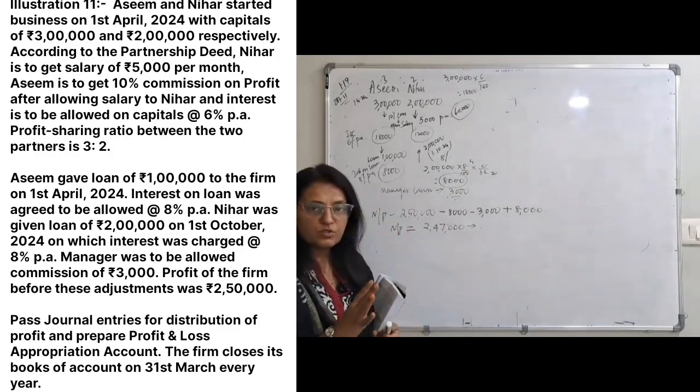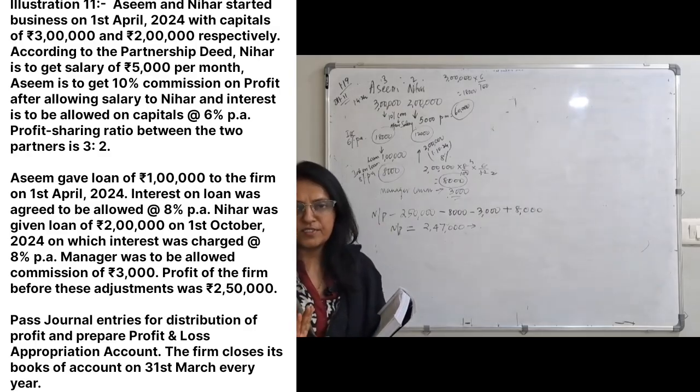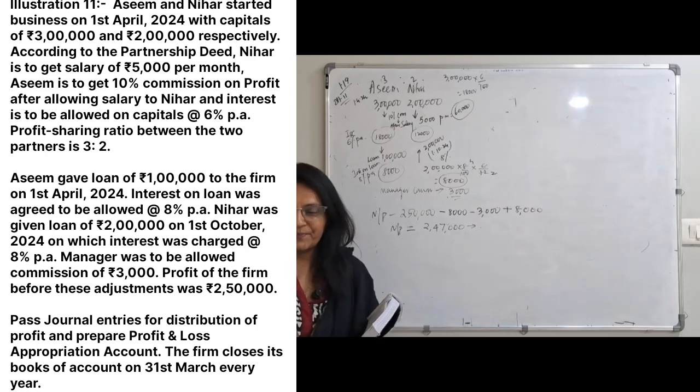This is the working I have shown. Copy down the working, which will be useful for us in preparing the journal entries. We are going to do journal entries first, and then on the basis of that we'll prepare ledger. Simple.